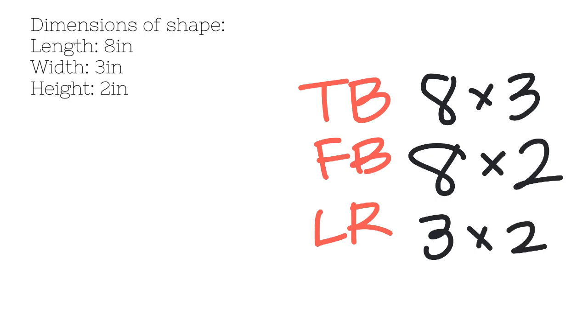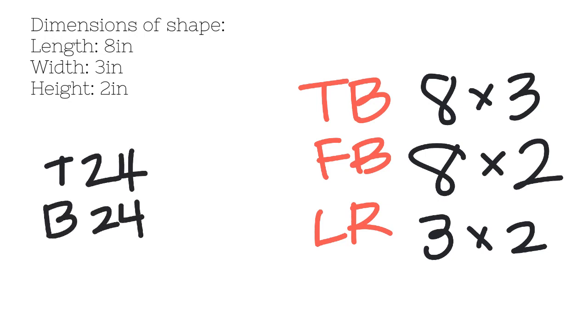So now that I have all of my measurements, this is where some of us were kind of getting a little confused. So if I know the top and the bottom each have an area of 8 by 3, that means the top has a value of 24 and the bottom has a value of 24.